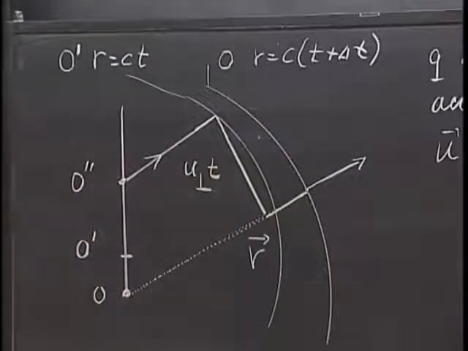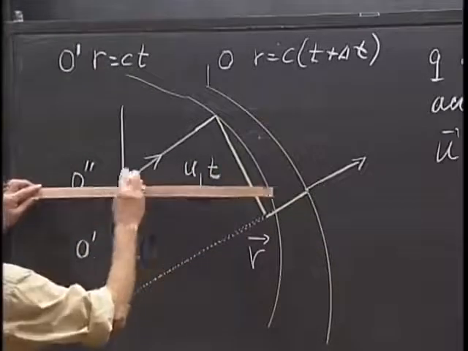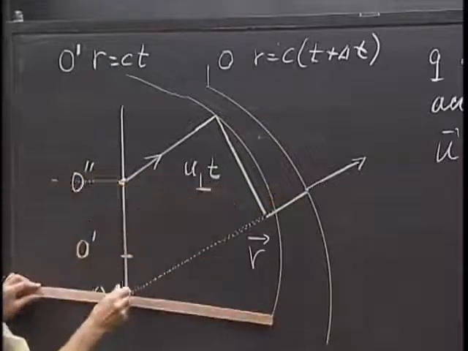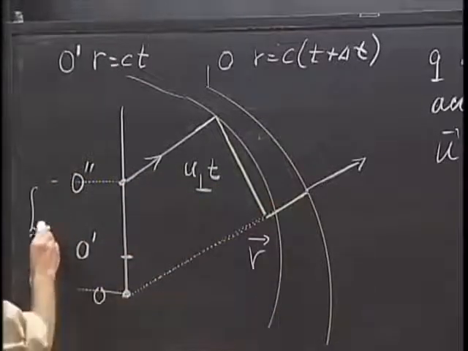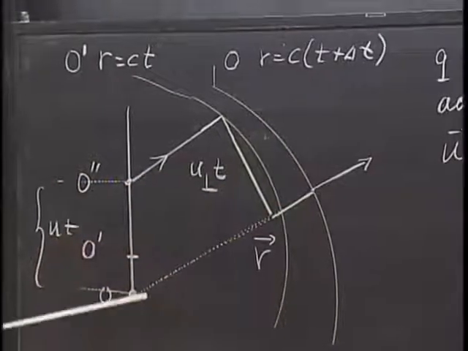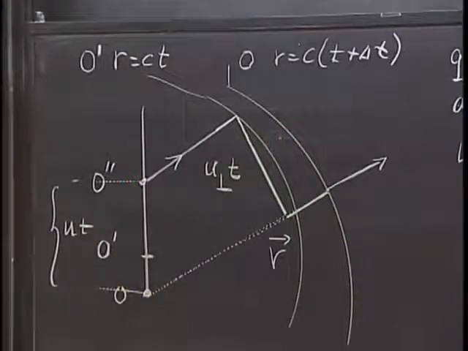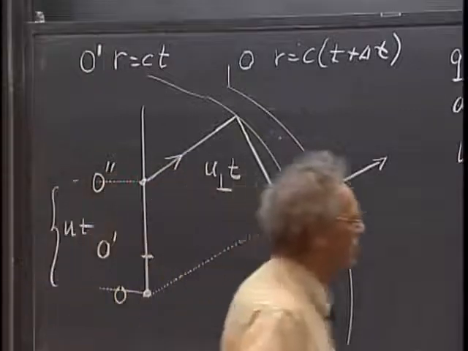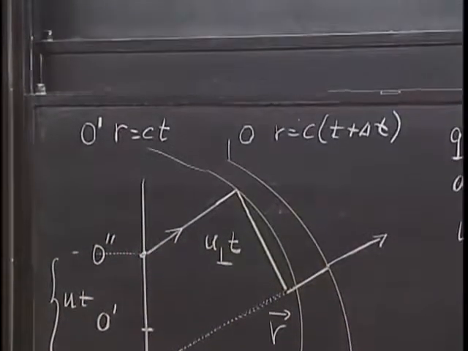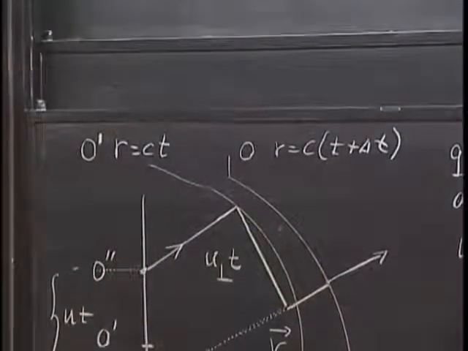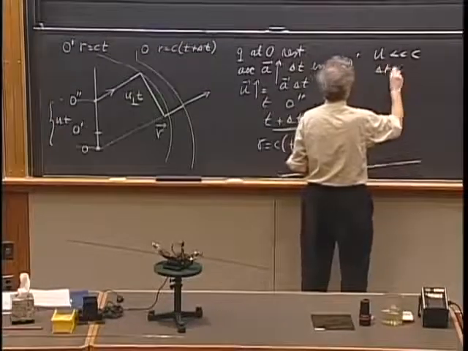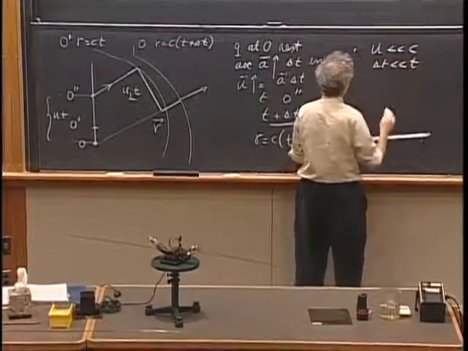You can easily see why that is the case, because this distance here is ut. Now you may say, well, it wasn't going with velocity u here. I grant you that, but keep in mind in whatever follows that u is way, way smaller than c. Delta t is way, way smaller than t.